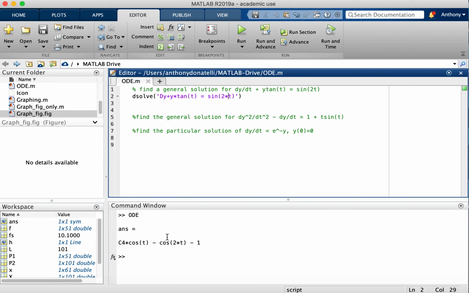Alright, so we can see that in our general solution we are going to have a constant, so we end up with C4 times cosine of t minus cosine of 2 times t minus 1. Like I said, this is a general solution, and I don't want to try and teach differential equations in this video. It's more just to show off the commands and what you would do.